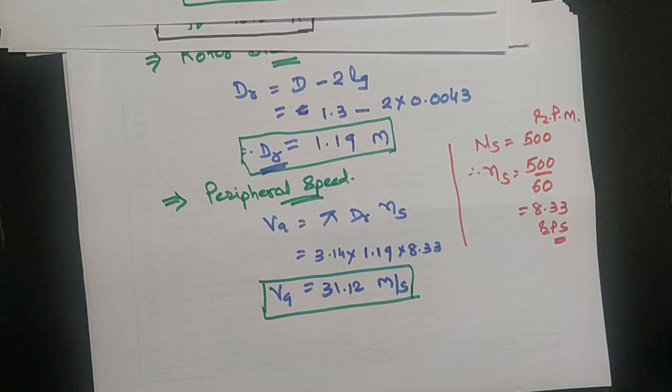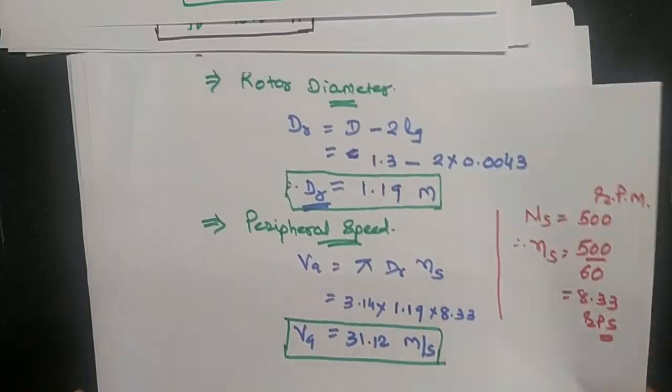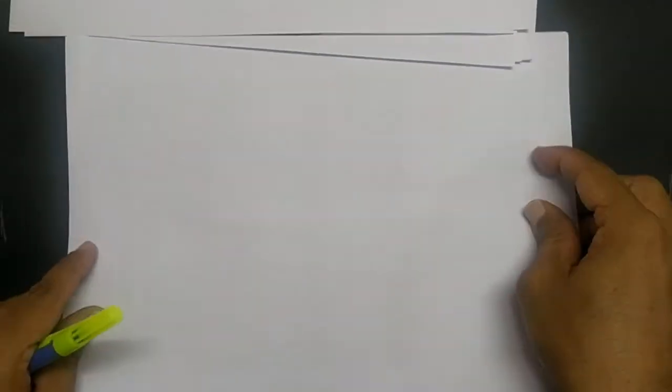First we have calculated the air gap length. Based on the air gap length we have calculated the rotor diameter, and once the rotor diameter is available we have calculated the peripheral speed. So our next part is to calculate the dimension of the pole.